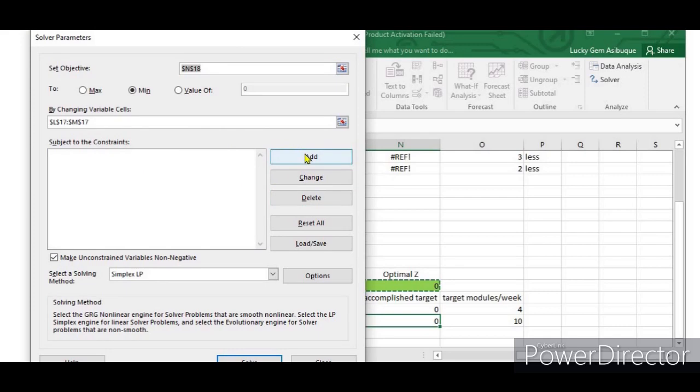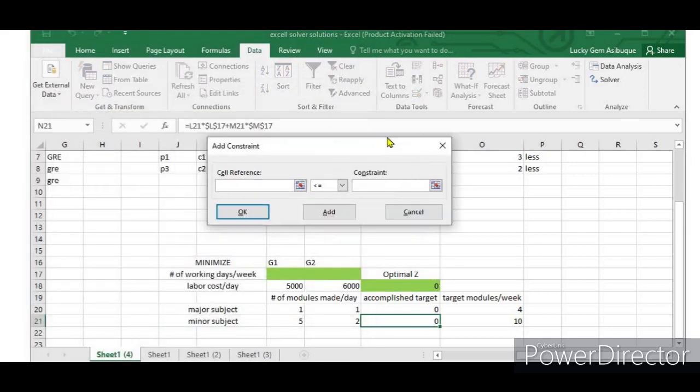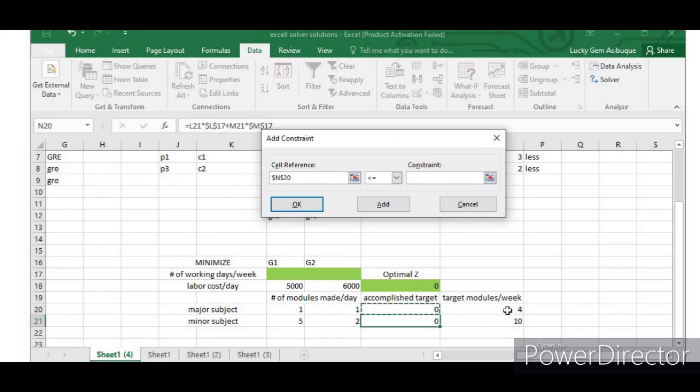Then we should click Add. Then for the first cell reference, click the cell under accomplished target for the constraint 1. Then select the symbol for constraint 1. The symbol for constraint 1 is greater than or equal. Then for the corresponding target, modules per week is 4.